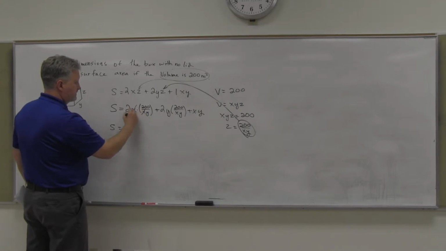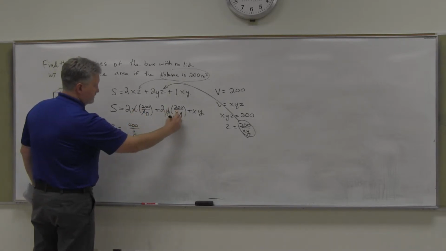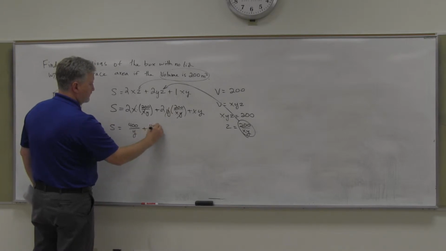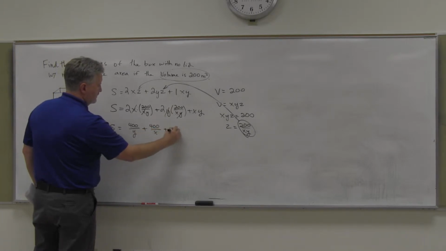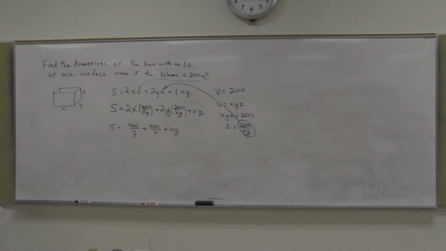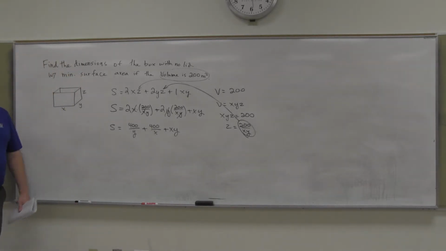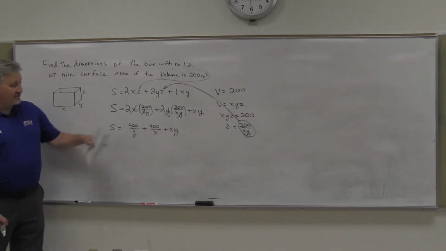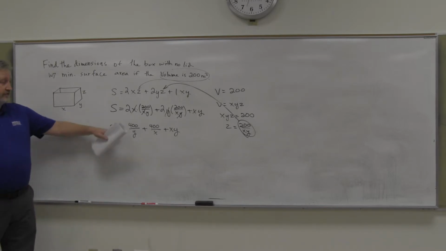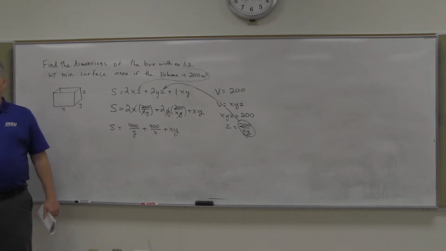The X's cancel here, so it's 400 over Y. The Y's cancel here, so it's 400 over X. That's about as good as we're going to do. This is the difference from the one we did in a previous course: the best we can do is get it down to a 2 variable formula.